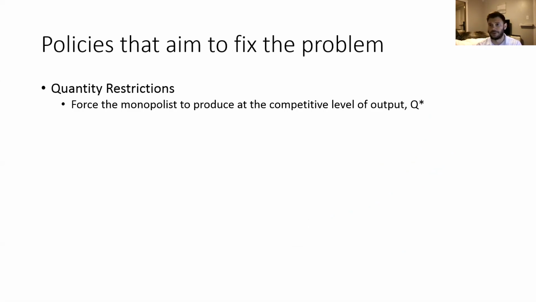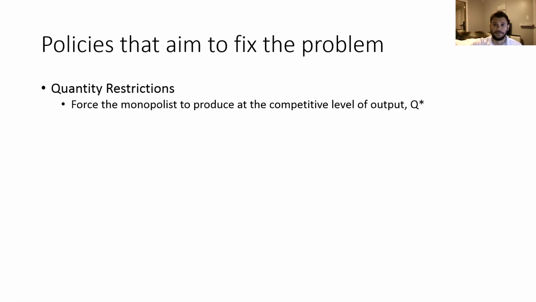Problem is regulators need to know a whole lot about the monopolist technology and cost of production, and more than likely the regulators do not have this information. If anyone's in that position, it's the firm itself. So trying to use a command and control policy to control the monopoly output at Q star has its logistical issues.